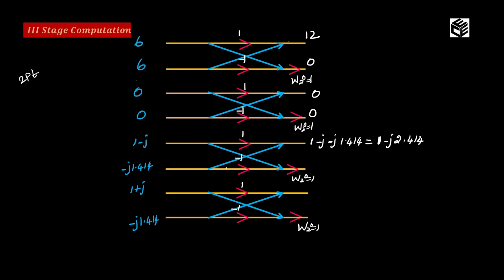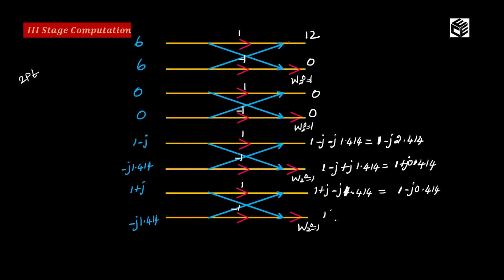And here 1 minus j plus j 1.414, which is equal to 1 plus j 0.414. Okay. And here 1 plus j minus j 1.414, which is equal to 1 minus j 0.414.